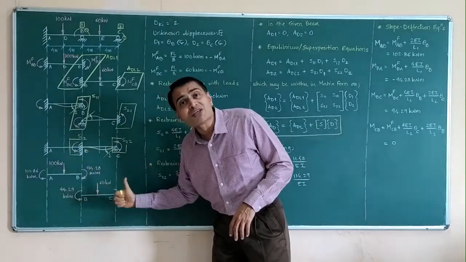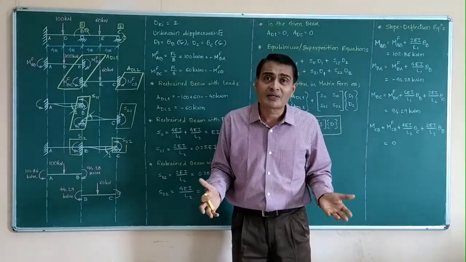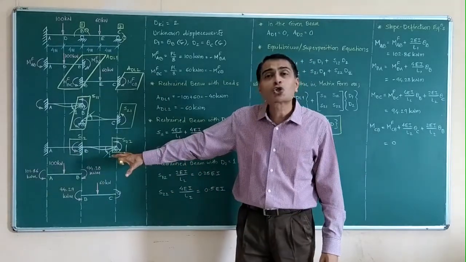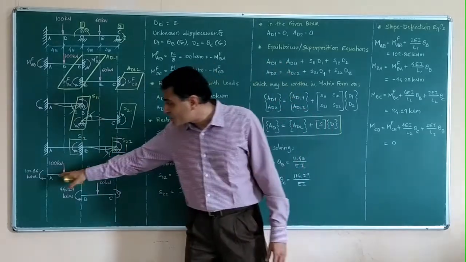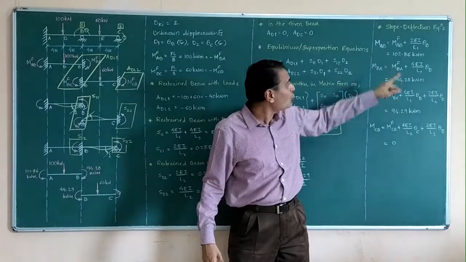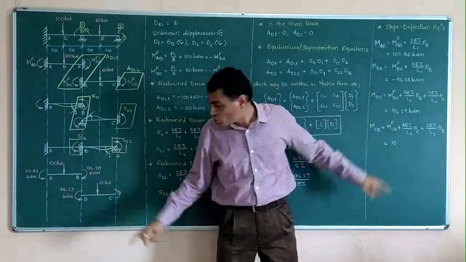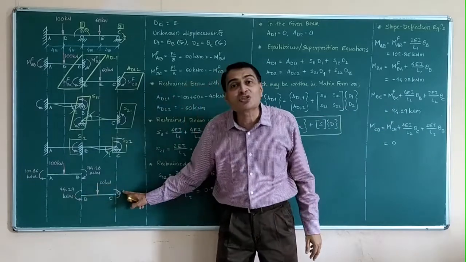Here also VB as well as VC, and then I will be able to draw the assembly. As such, I have not shown end shears, just these end moments. This is positive, so anti-clockwise, negative, so clockwise, positive, so anti-clockwise, and this is 0.